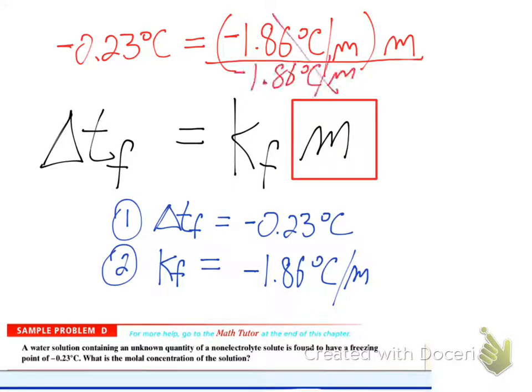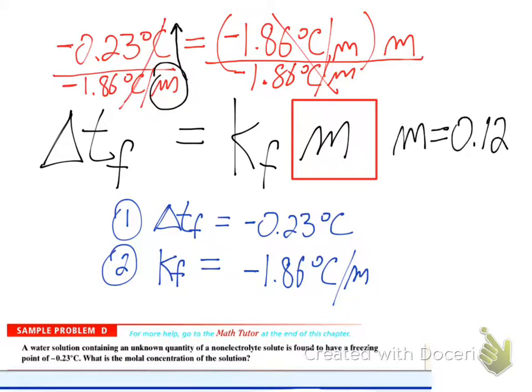Doing a little algebra, we divide both sides by negative 1.86 degrees Celsius per molal to leave molality by itself. When I do so, I come up with a molality of 0.12 molal. That's my solution's molality, and that's the answer to the question.